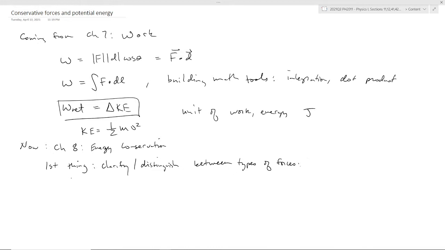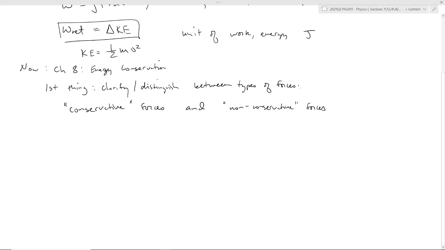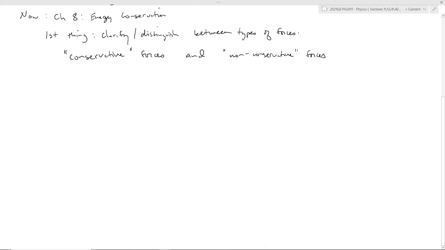And the two types of forces that you have are conservative forces and non-conservative forces. So let me plop a definition in here from your text.